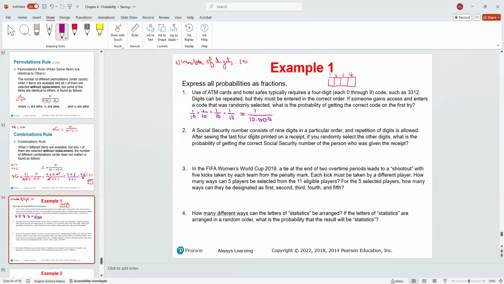After seeing the last four digits printed on a receipt, because you already know the last four digits, there should be nine digits: one, two, three, four, five, six, seven, eight, and nine. So we consider the nine digits for the Social Security card. They said you already know the last four.